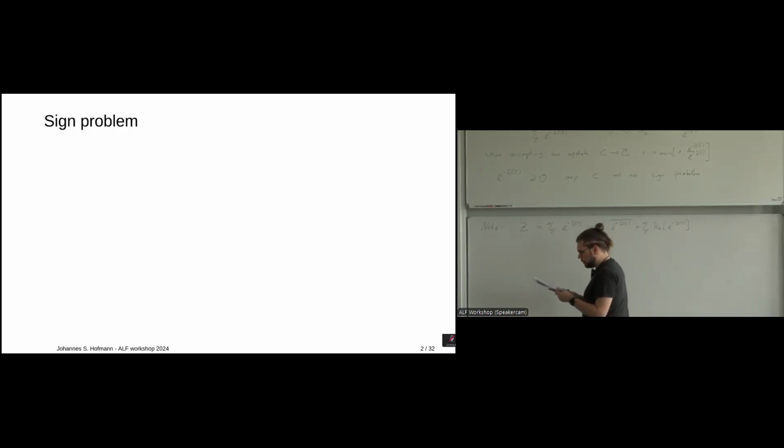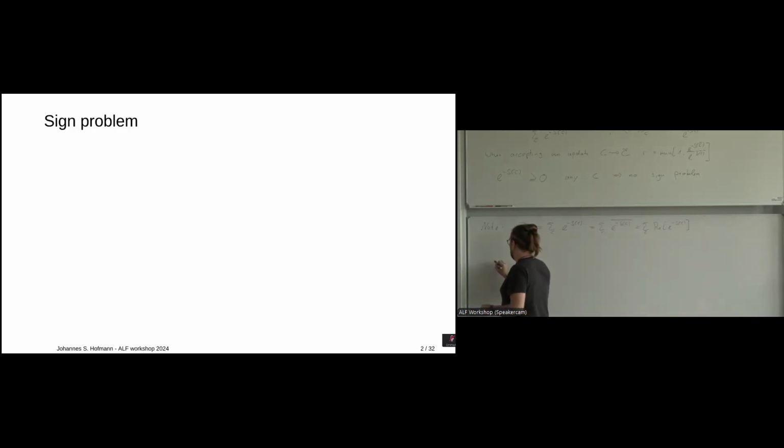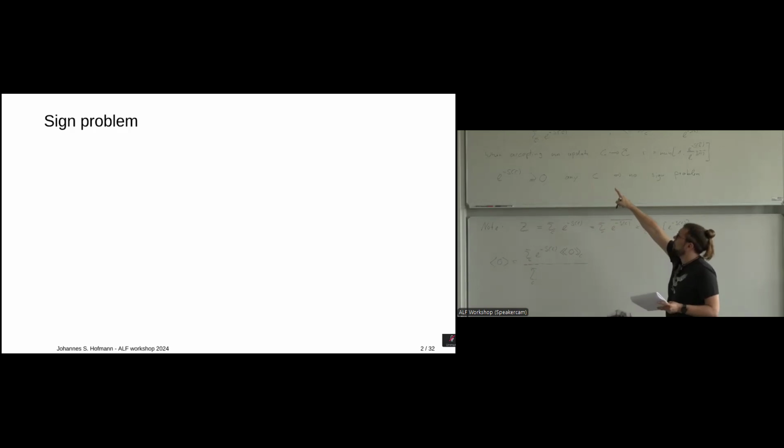But to see where this occurs, we have to look at the quantities that we are really interested in, and these are the observables. So let's look again at the observable. Let me write the formula again: e to the minus sc, and then the observable for the given configuration, divided by the summation over C. And up there, I still wrote that this is e to the minus sc.